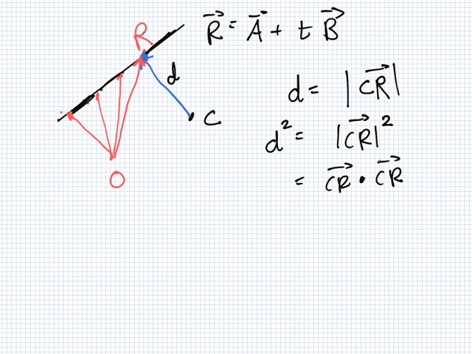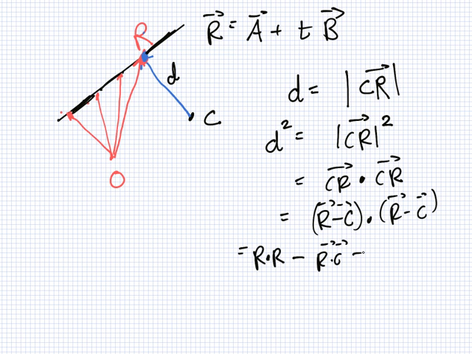Yeah? Is that okay? Which we could write as OR minus OC, dot OR minus OC. And that can be expanded as OR dot OR minus OR dot OC minus OC dot OR plus OC dot OC.